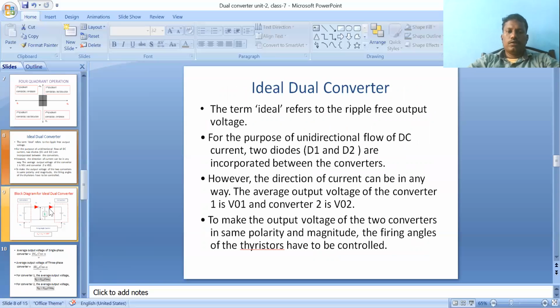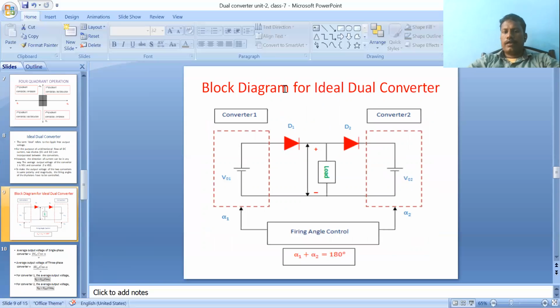So let us take the block diagram of the ideal dual converter. It has converter 1 and converter 2, and the sum of the two firing angles is 180 degrees: alpha 1 plus alpha 2 equals 180 degrees.